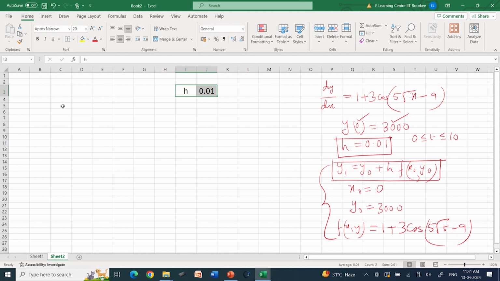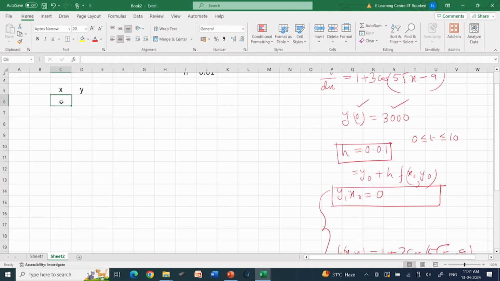The next step is the x values and the y values. So, this value is 0, this value is 3000.